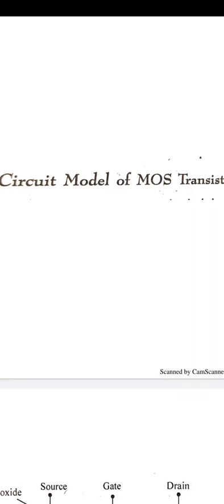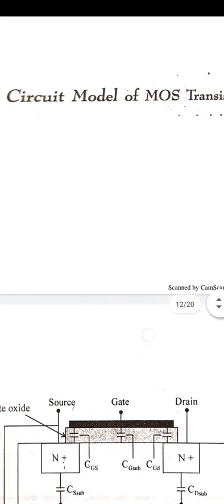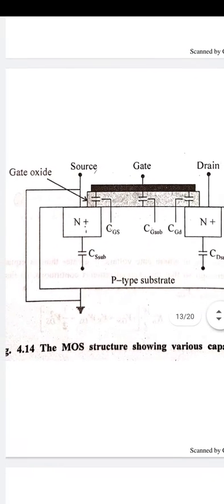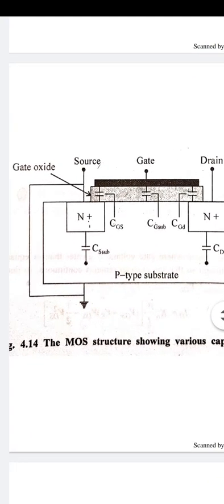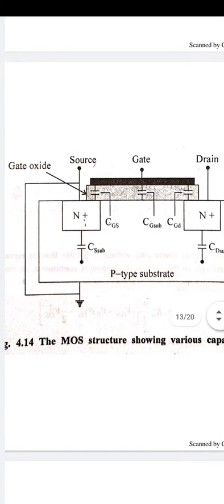Most circuit models use small signal analysis, so let us take an example. I will show the structure of an NMOS transistor. The channel exists between the heavily doped source and drain, which are heavily doped N plus regions, and between them the channel exists above the P type substrate.